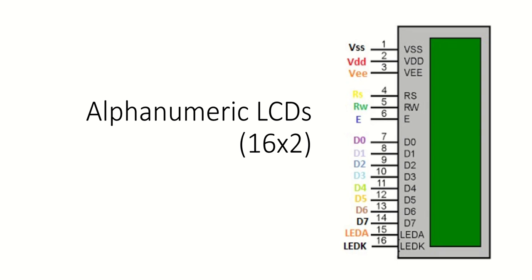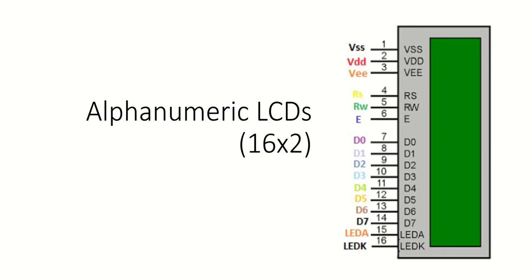Now you can see the different pins in an alphanumeric LCD: VSS, VDD, VEE. Basically it has the supply voltage and a ground which you need to provide for these pins, and you can have an intensity control as well.